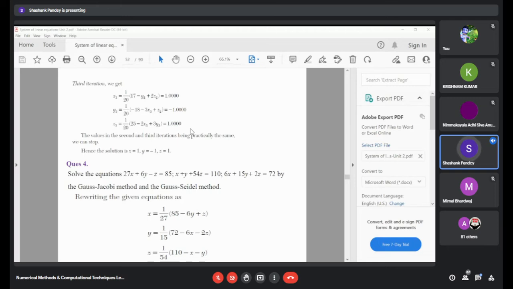Can you solve this question? Who can give me the exact answer for this? Next question. What is the exact answer of question 4?